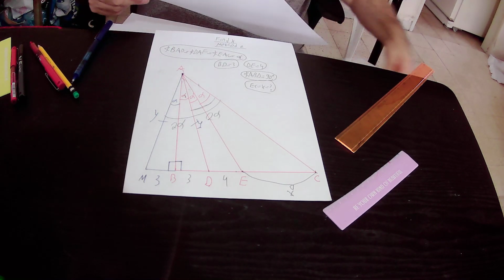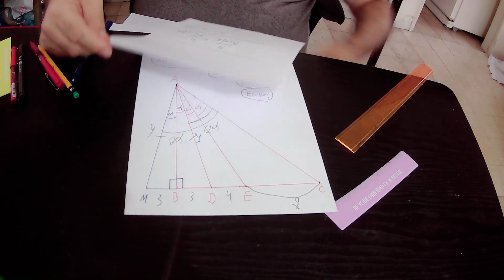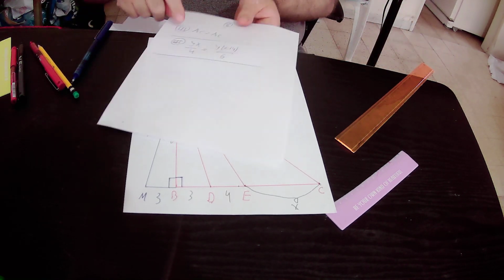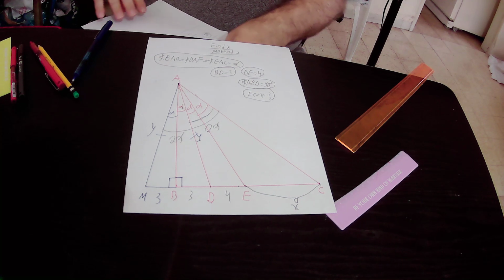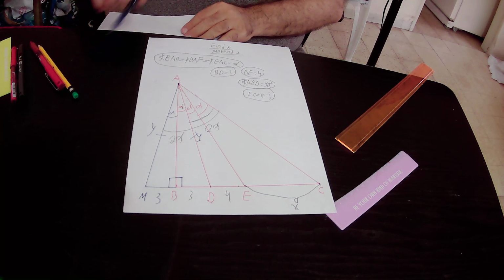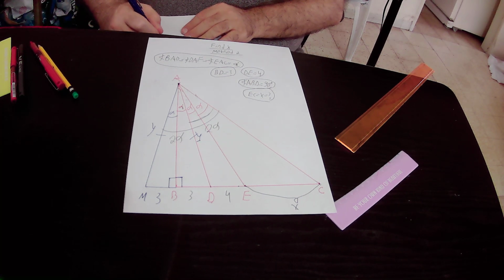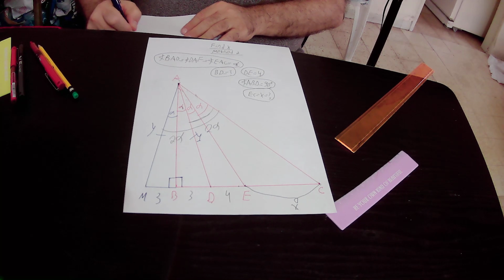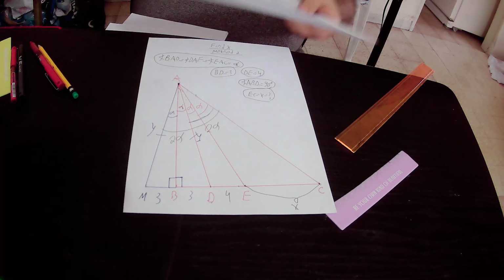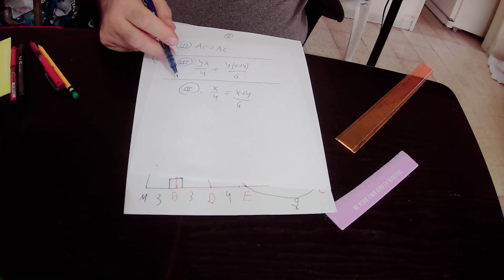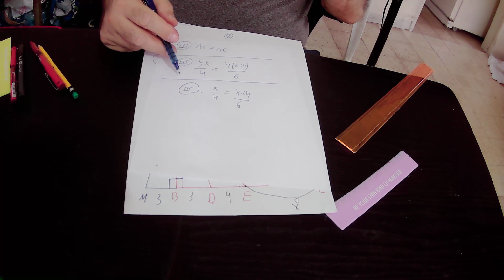It can never be 0. That is the reason that it is allowable to divide equation number 3 by y. And we will get that x over 4 equals x over 4. So that is what is left from equation number 3 after we divide it by y.